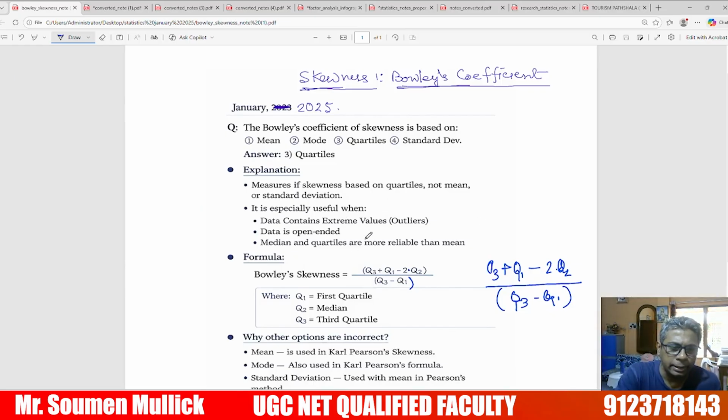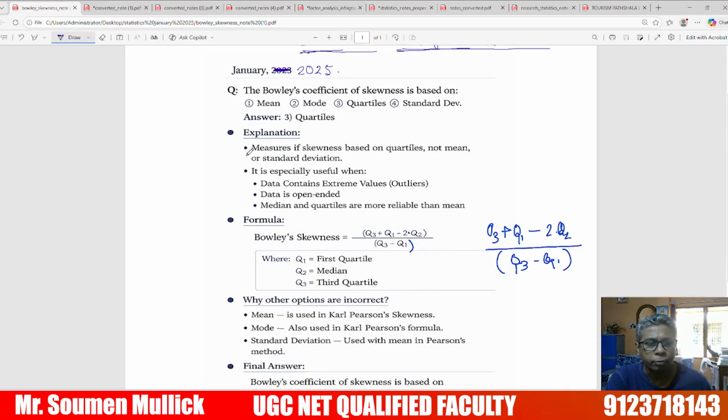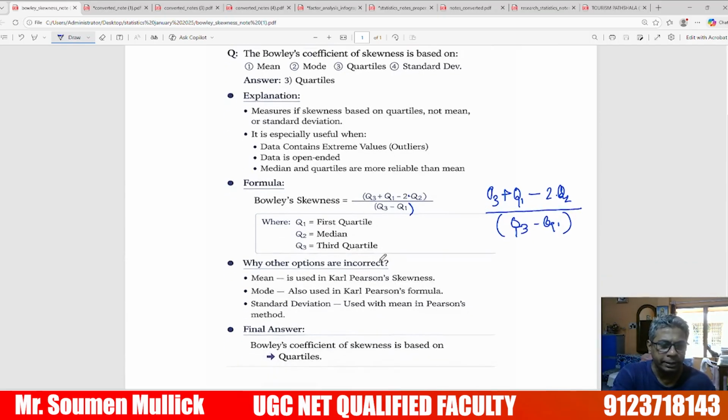So what is the formula of Bowley skewness? (Q3 + Q1 - 2Q2) / (Q3 - Q1). This is the Bowley skewness formula. Q1 is the first quartile, Q2 is the median, Q3 is the third quartile.